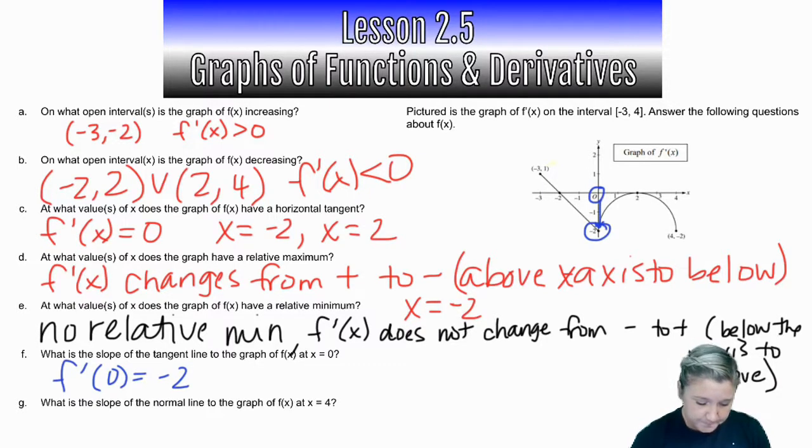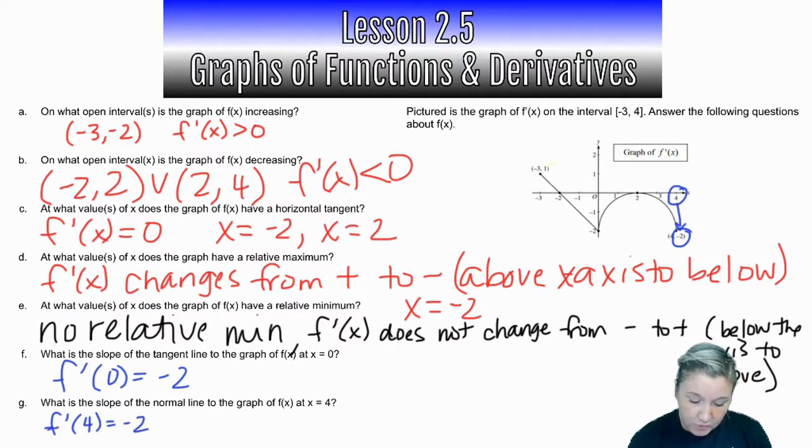And then what is the slope of the normal line to the graph of f of x at x equals 4? So I'm going to come over here to x equals 4. And the slope of the actual tangent line is right here at -2. So I'm going to say f prime of 4 is -2.